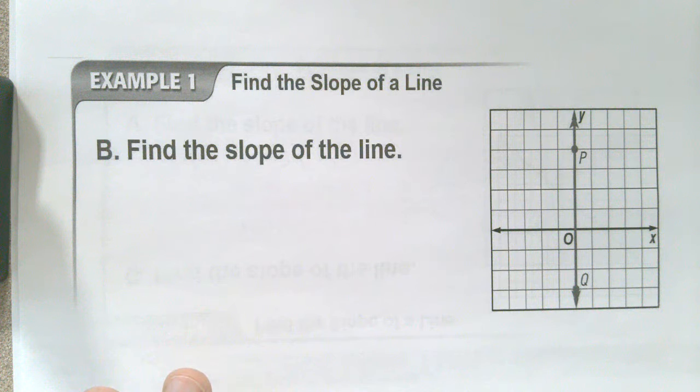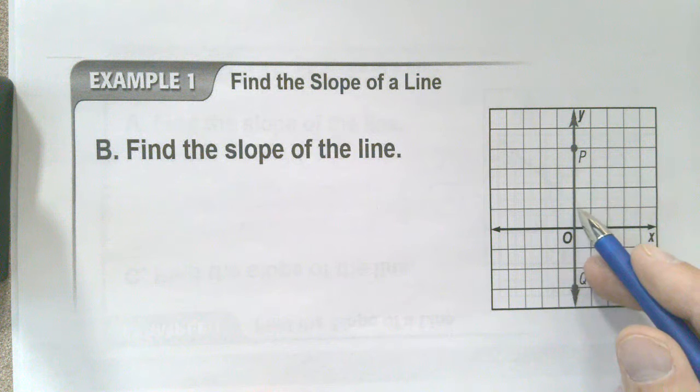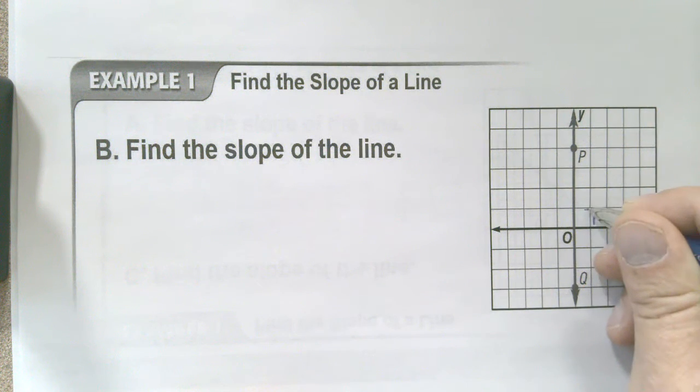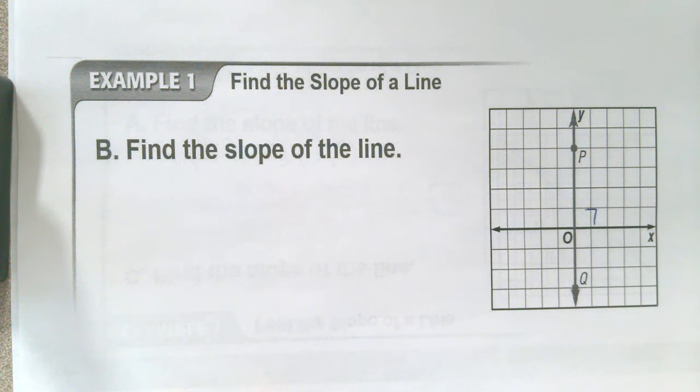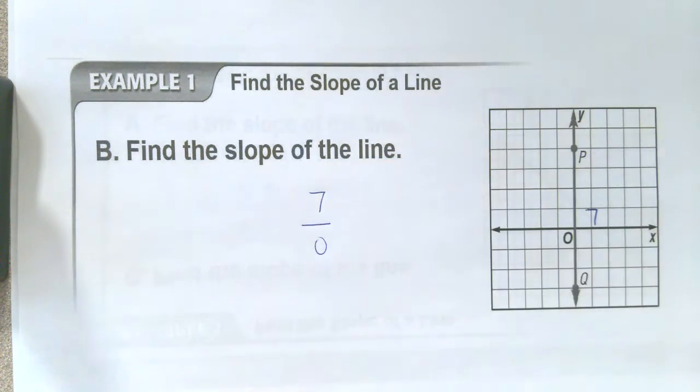Okay, on example 2, we've got a vertical line. So again, we could do the vertical count from Q to P. We know it's 1, 2, 3, 4, 5, 6, 7. So we're rising up 7. How far are we running, left or right? 0. So we would say here our slope is 7 over 0.